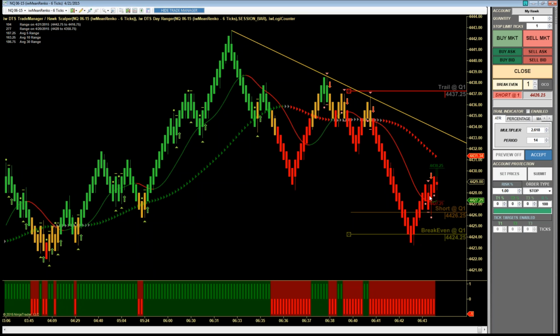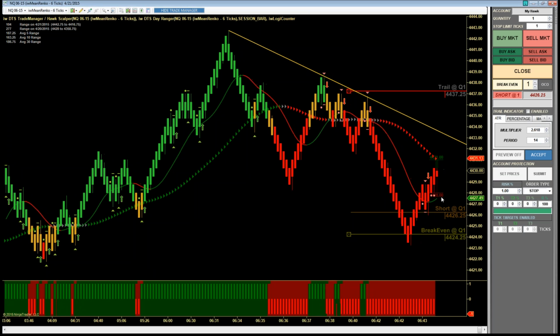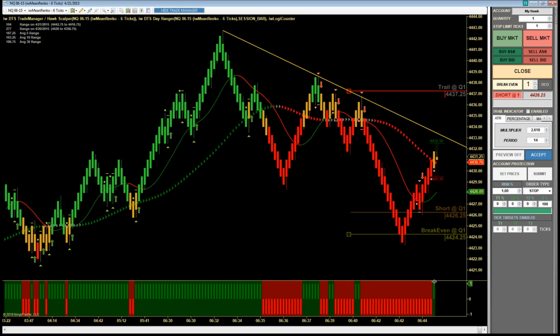I do believe it will go lower here. I don't necessarily believe I'm on the wrong side of this market yet. However, I could have got myself a slightly better entry by waiting for the market to finish this retracement, especially when I know it's 6:45 or whatever your particular time zone is.